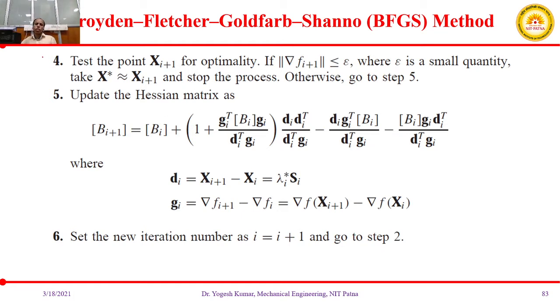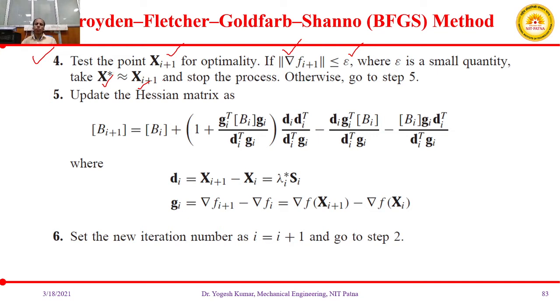The fourth step is common, like the previous method: you need to test your current point xi plus 1 for optimality. If the gradient of your function at the current point, xi plus 1, is less than or equal to the termination criterion, then you stop and say that your current point xi plus 1 is your optimum value of x.